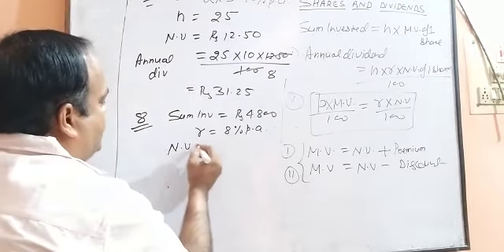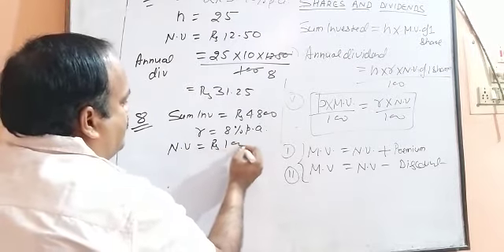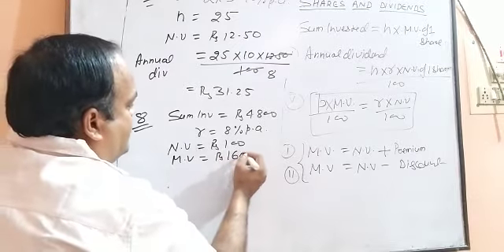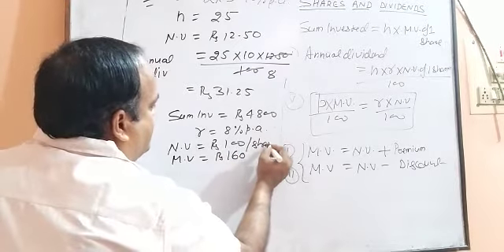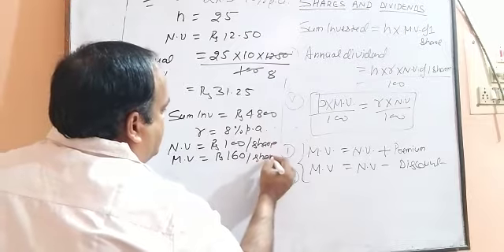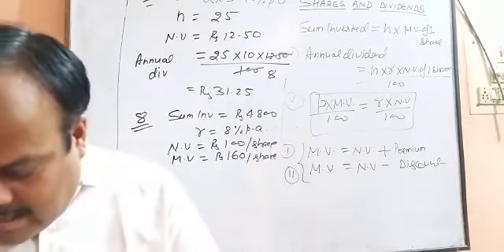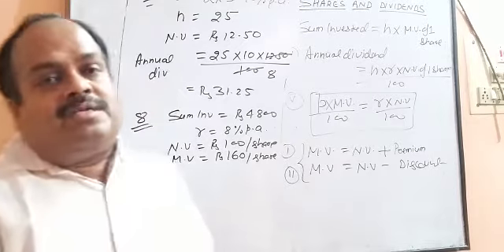So nominal value is 100 rupees, market value is 160 rupees per share. What do we have to calculate? The annual income from the share.